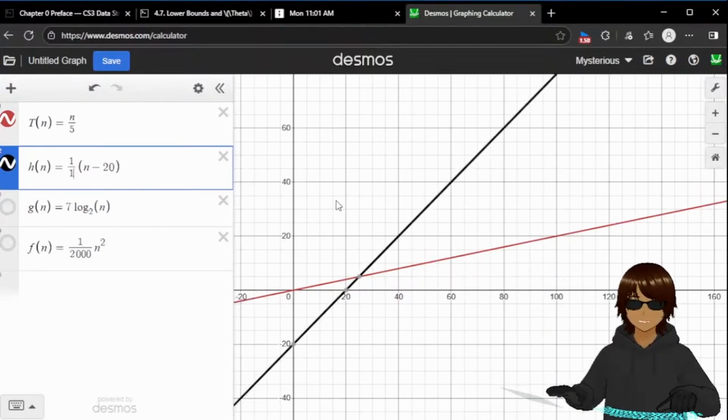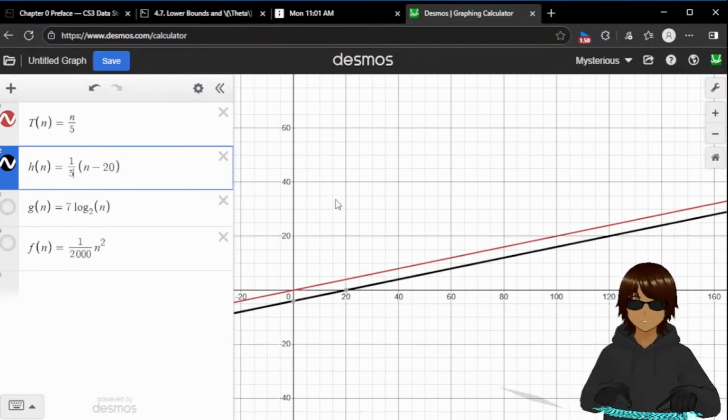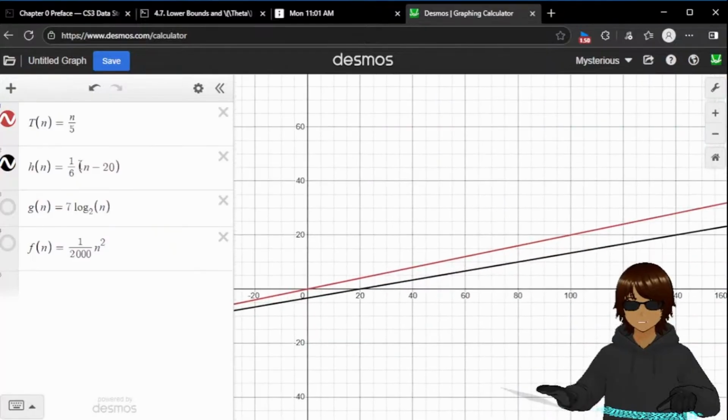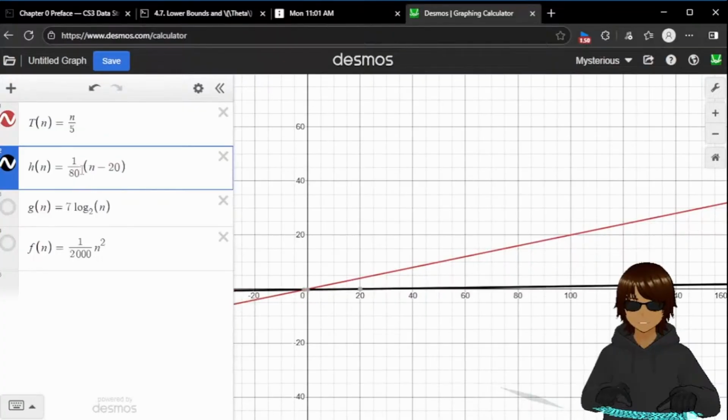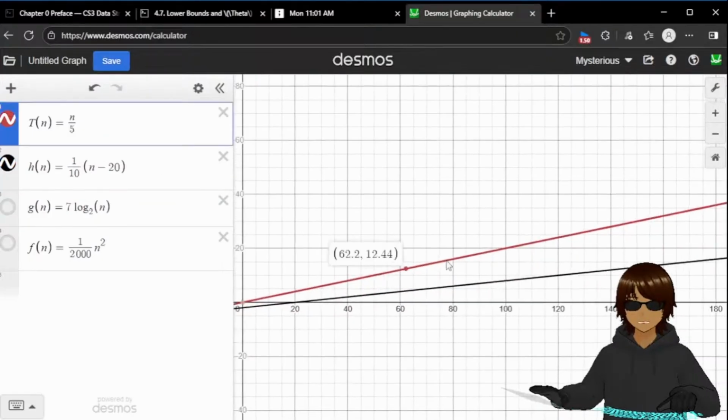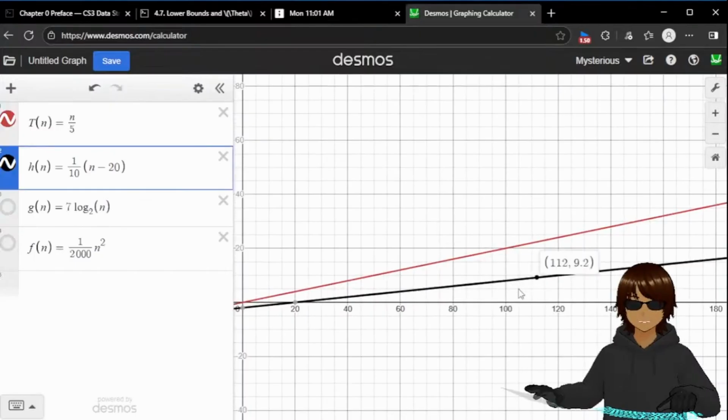Like over here, for example, let's just do 10. So T(n) surpasses h(n). There's some constant I can multiply h(n) with such that T(n) surpasses h(n).